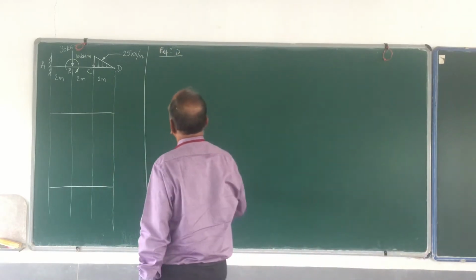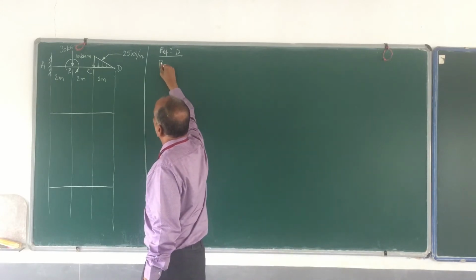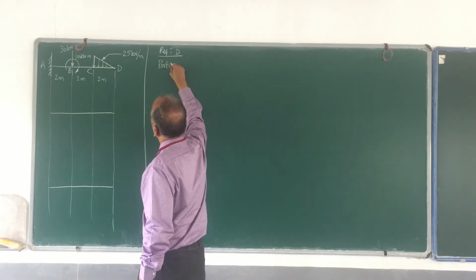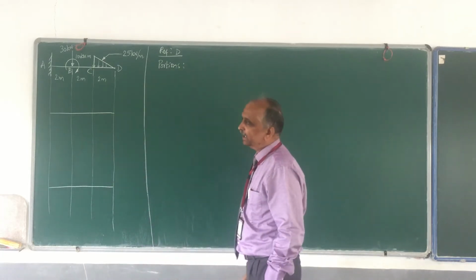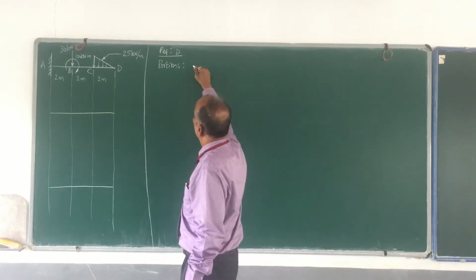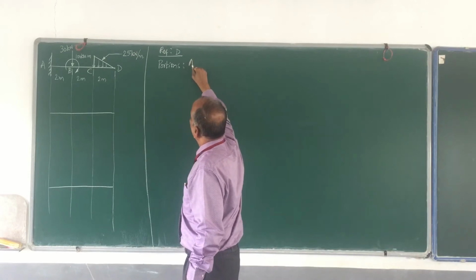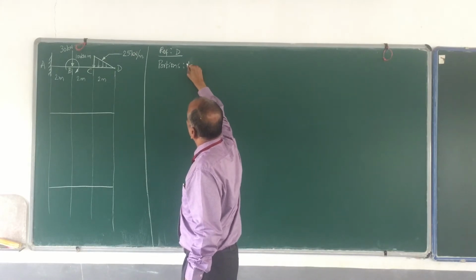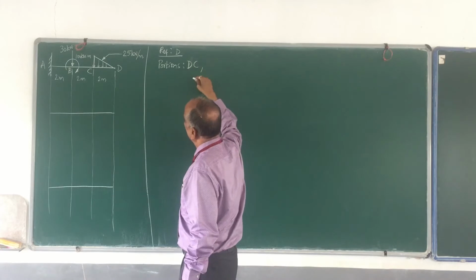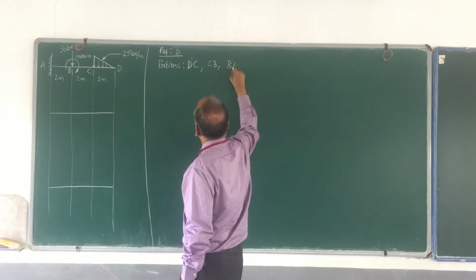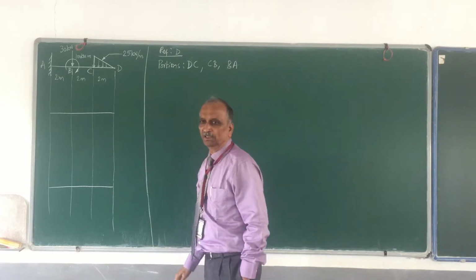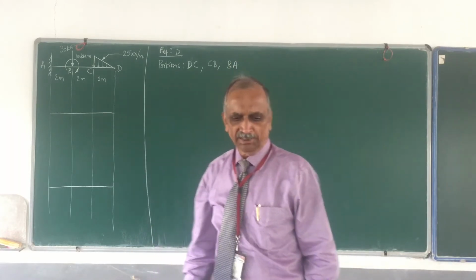Then what are the portions you need to identify? Let me start from the reference: DC, then CB, then BA. These are the portions you need to analyze.